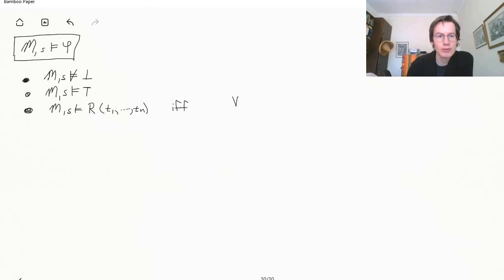I need to say what the values of these terms are. We know how to calculate the value in the structure M under the assignment S of each of these terms, the first one up to the nth one.